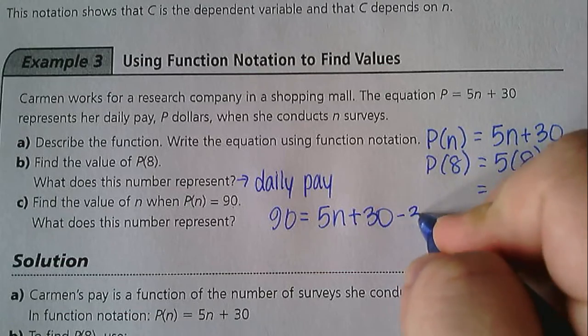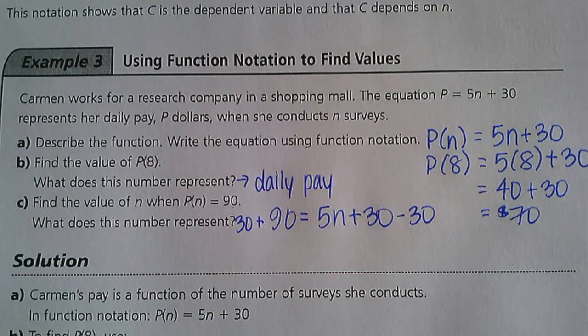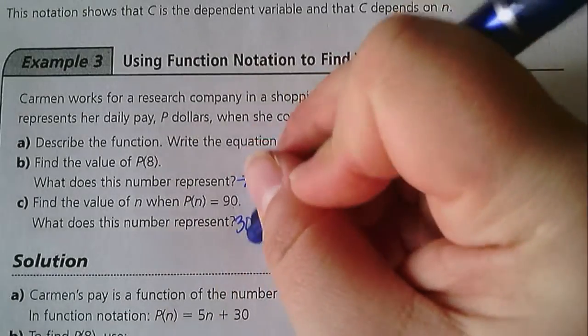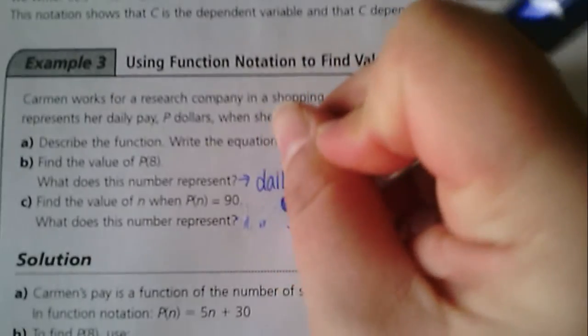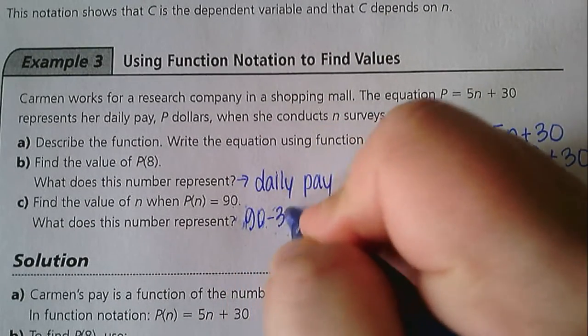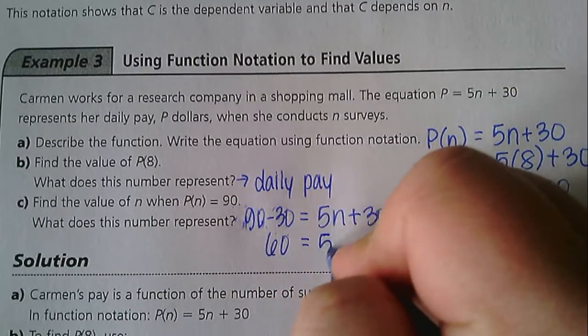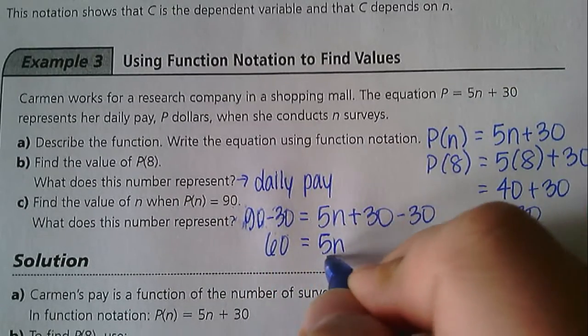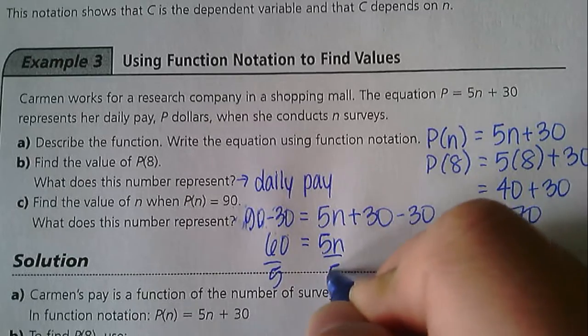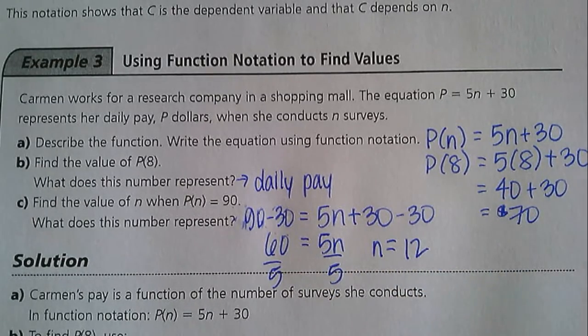So we go minus 30 and minus 30 on this side. Sorry about that. 90 minus 30, we end up with 60 equals 5n. And again, if we divide both sides by 5, we end up with n is equal to 12.